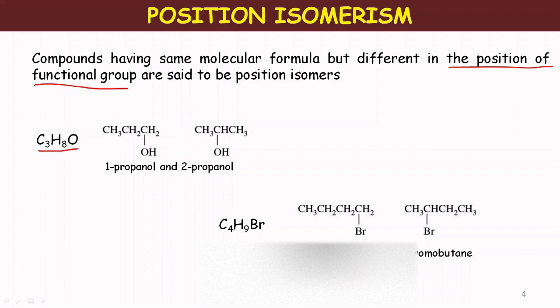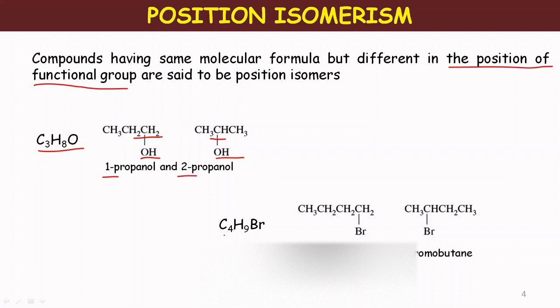For example, in C3H8O, that is 1-propanol and 2-propanol. Both have the same molecular formula, the same functional group, but the position of the functional group, that is the OH group, is the only difference here. So these two are called position isomers.